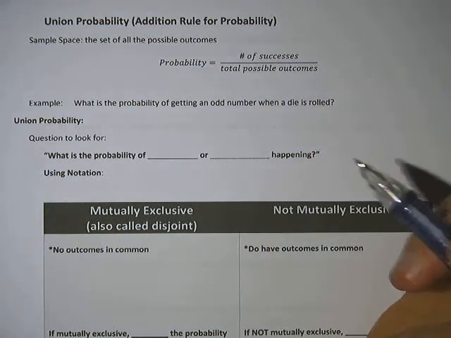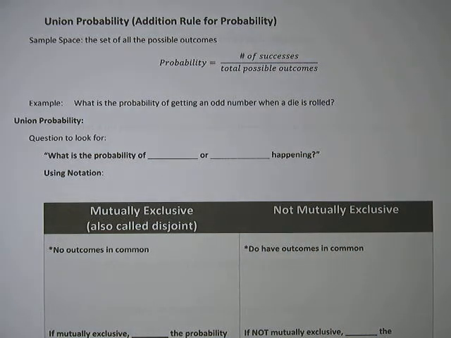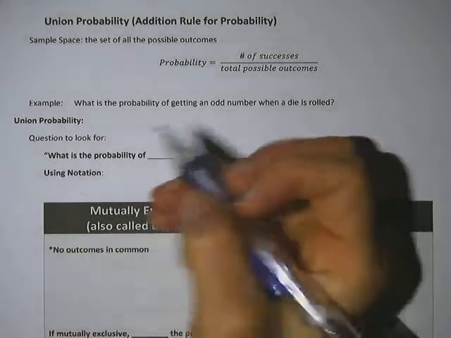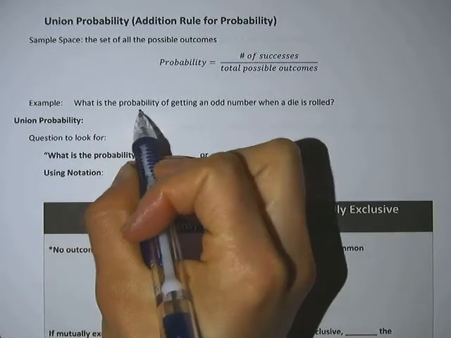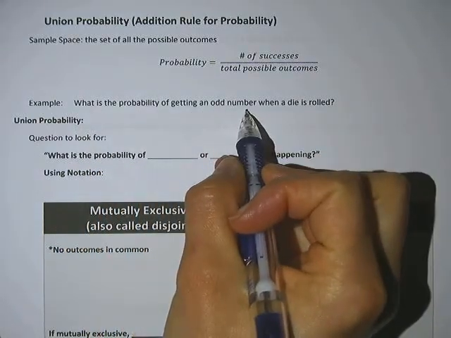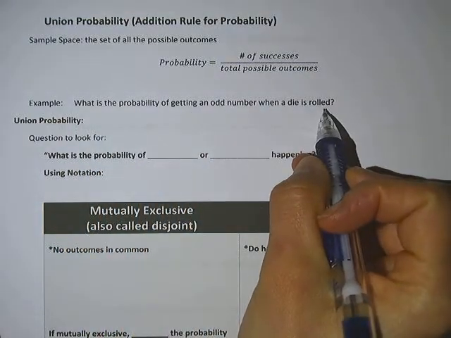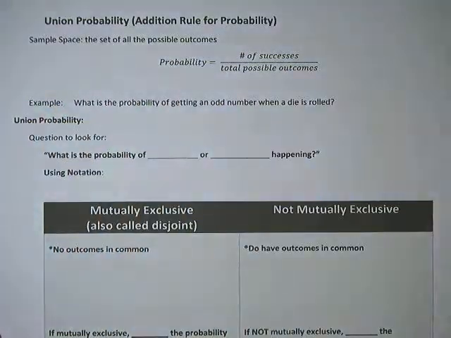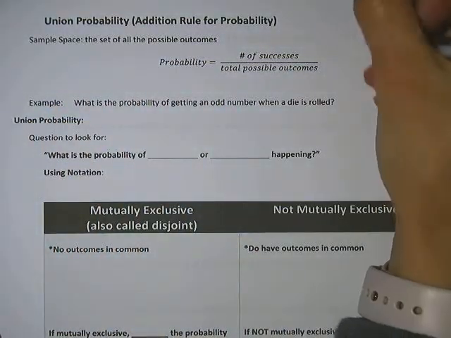So just to get your mind back on it, we're going to do a quick little probability problem, and then we will start talking about how that relates to the unions that we have done with Venn diagrams. The example says, what is the probability of getting an odd number when a die is rolled? If we think about the sample space, you can write it one of two ways.